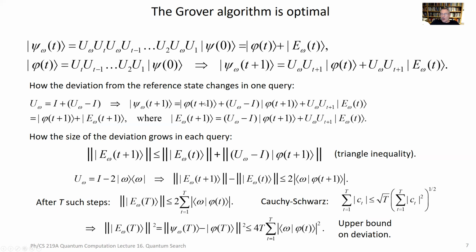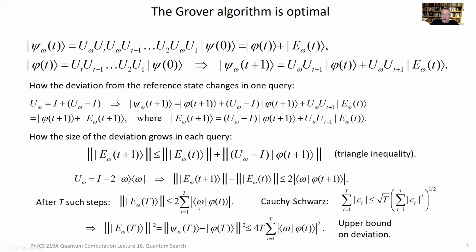All right, so that deviation is going to grow with time as I do one query after another. I have a bound on how much it grows in each step for each query, and then to get a bound on how large it has grown after capital T queries, I just have to sum up these increments over capital T steps.